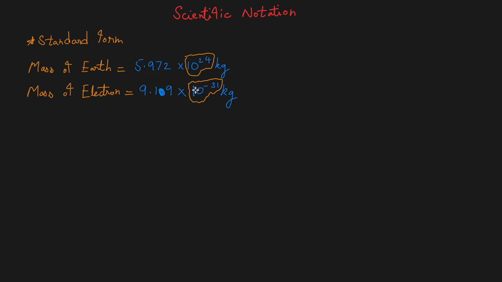It's giving us 10 power minus 31, which basically means that when you insert a decimal point, after that you have to write 30 zeros, and then you have to write this value to get the mass of an electron.